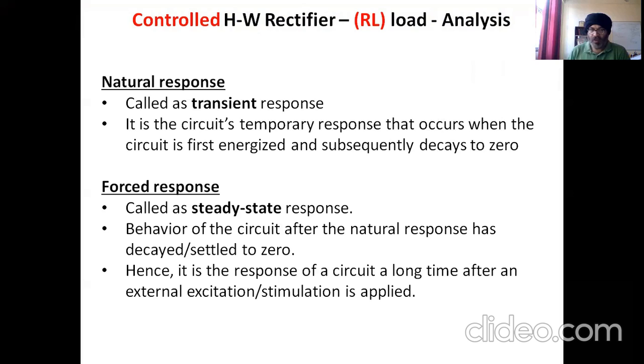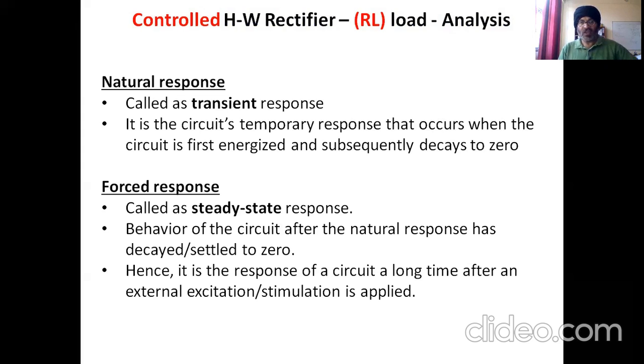By exciting this circuit, we sense the response, that is, how this circuit responds to the particular excitation. And we saw a transient nature, taking some finite time to reach a specified value.